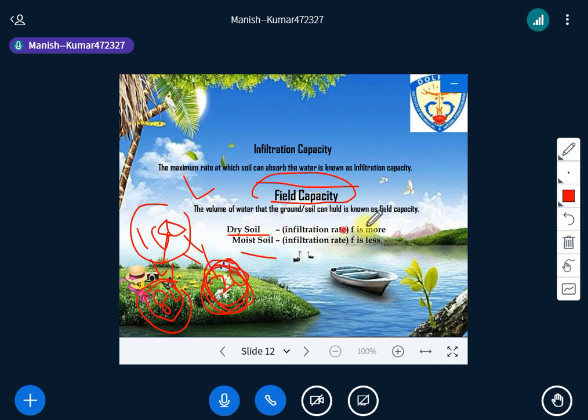It means if you have a field with a certain quality of soil, the maximum capacity of that particular soil to absorb water is the field capacity. Is this term clear?